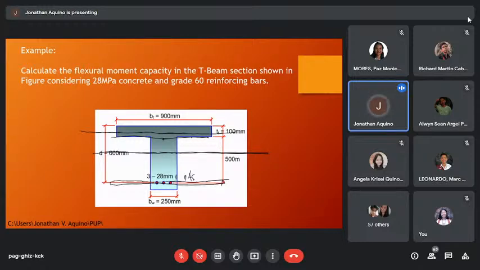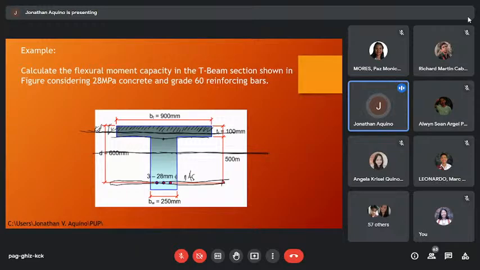First, assume that the centroid is located within the flange section. So in this section, assume that this is now your compression part only. This is the kd, or simply x.